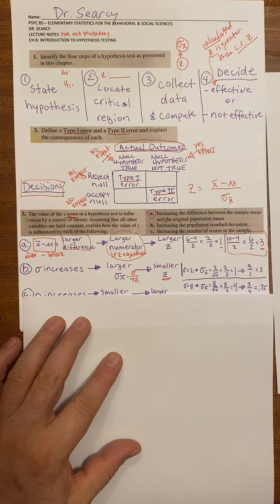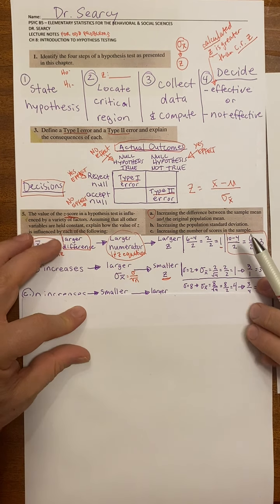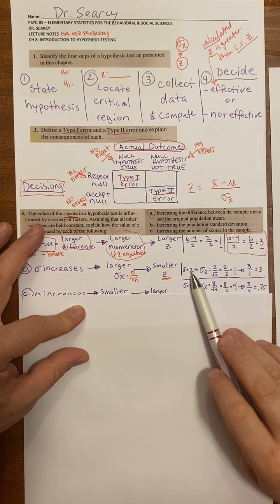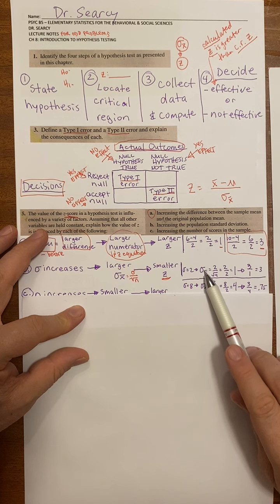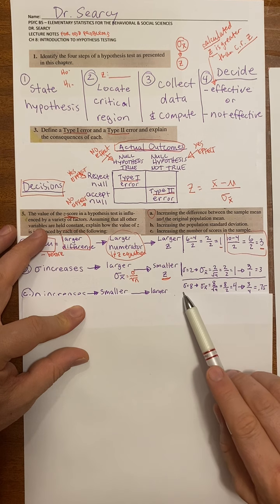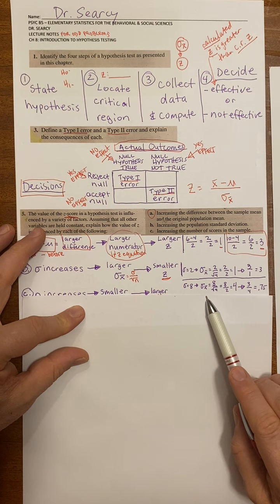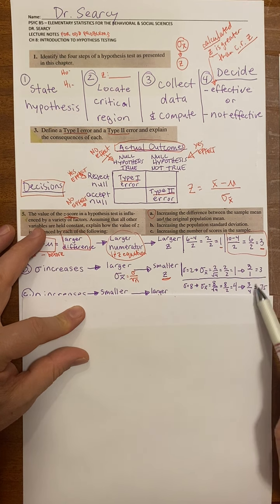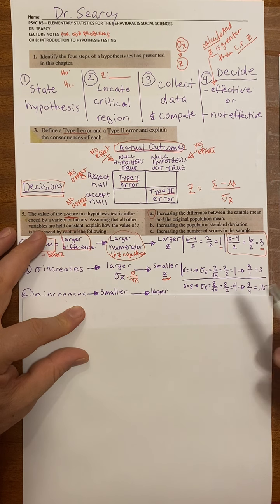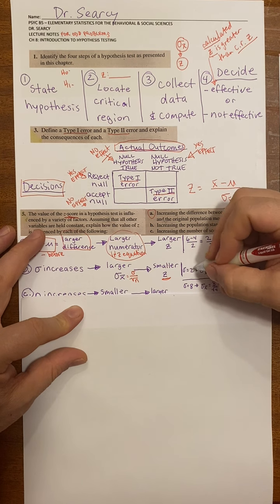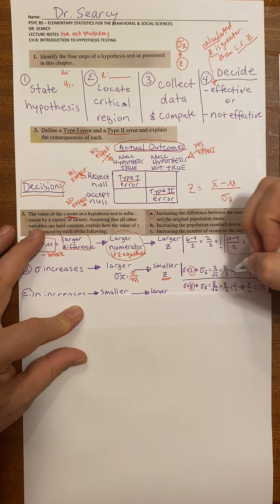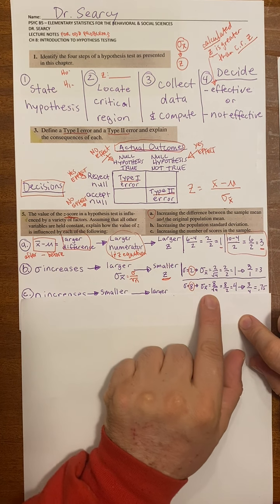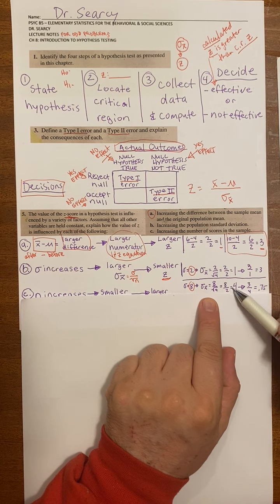So let's just look at a couple of examples where this happens. We have two equations that start off with standard deviation, then standard error, and then lead to your z equation. I'm starting off with a smaller standard deviation and a larger standard deviation, and I run both through my standard error equations.